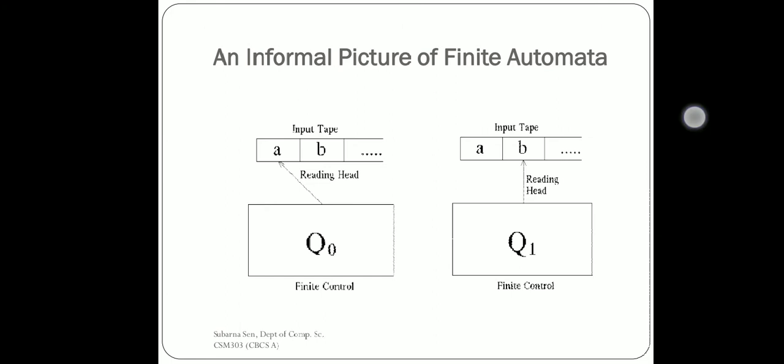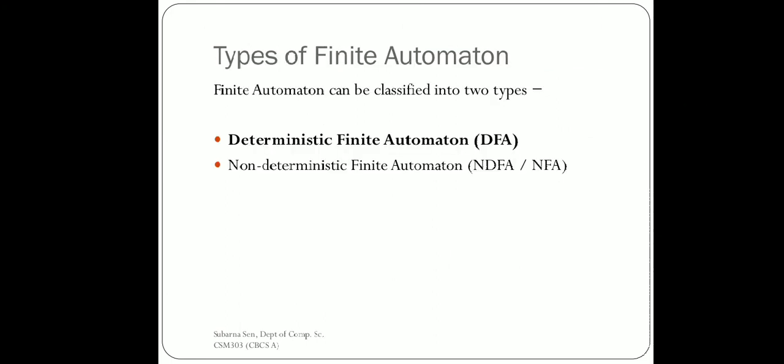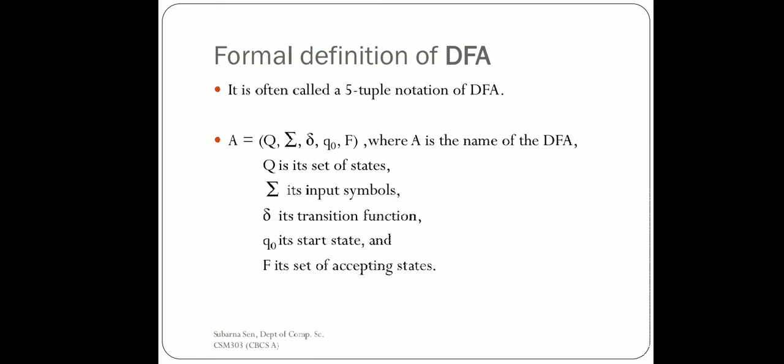Finite automata can be classified into two classes: one is DFA, the other is NDFA or NFA, and in this lecture we are going to stick to DFA only.